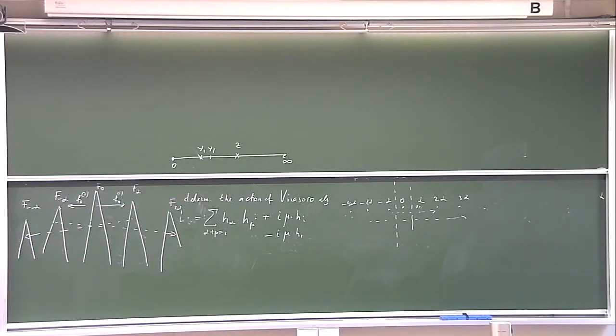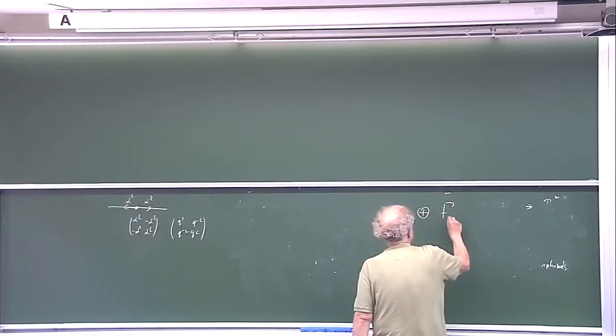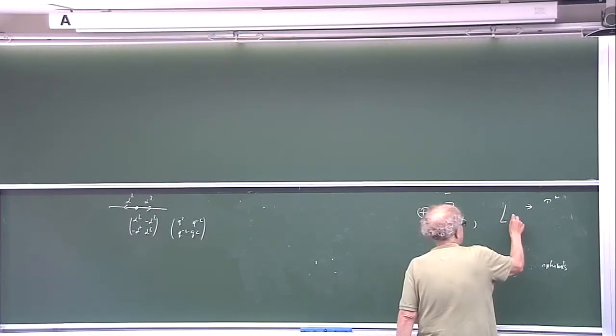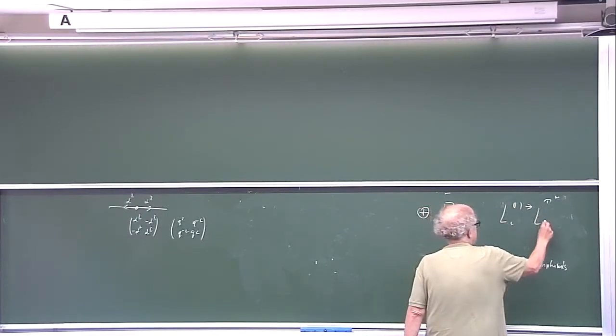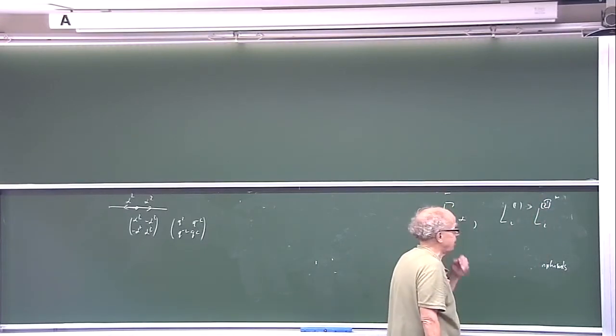We just have the sum of this f m alpha. We have two Virasoros, Li first and Li second, and they are acting in this direct sum.